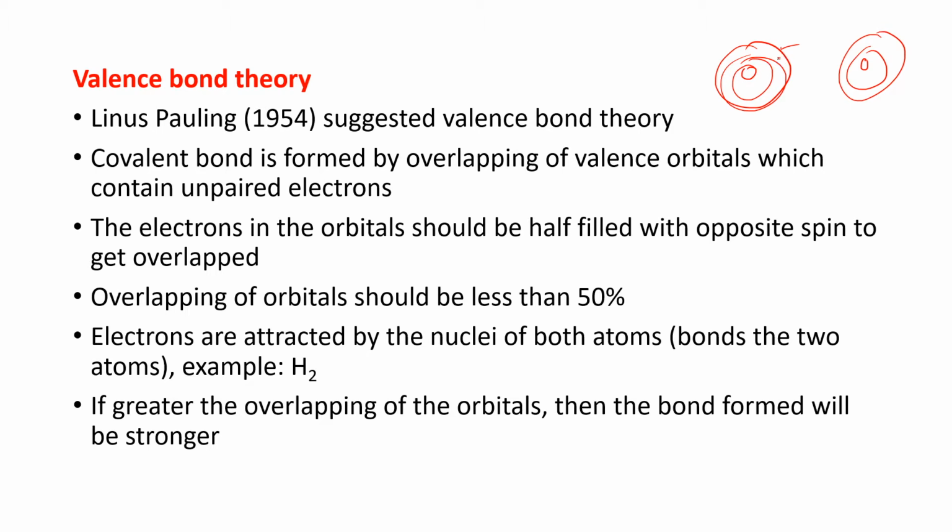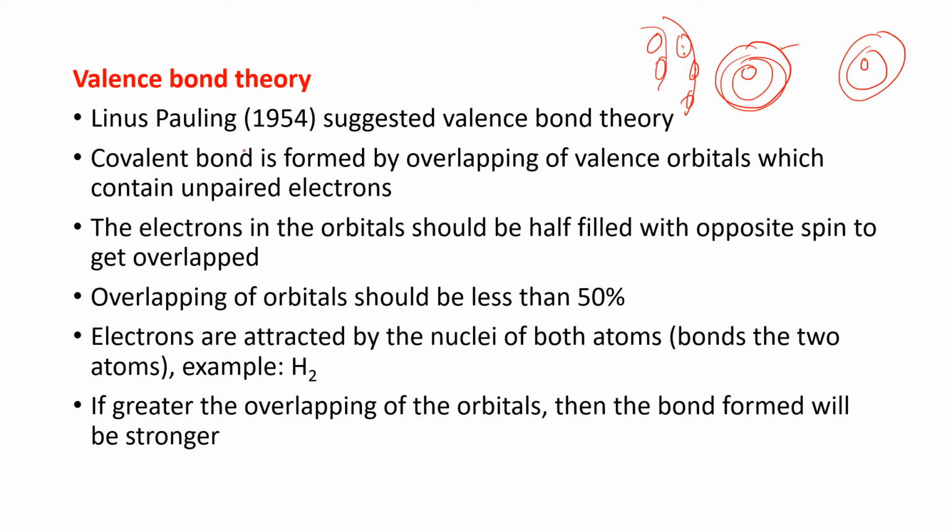In the valence shell you can see the orbitals, which are present in each and every shell. The orbitals present in the valence shell contain electrons, and these electrons are going to be involved in the formation of a bond.